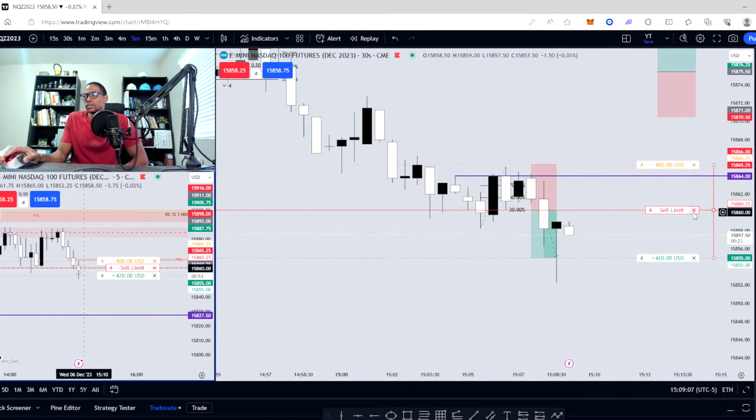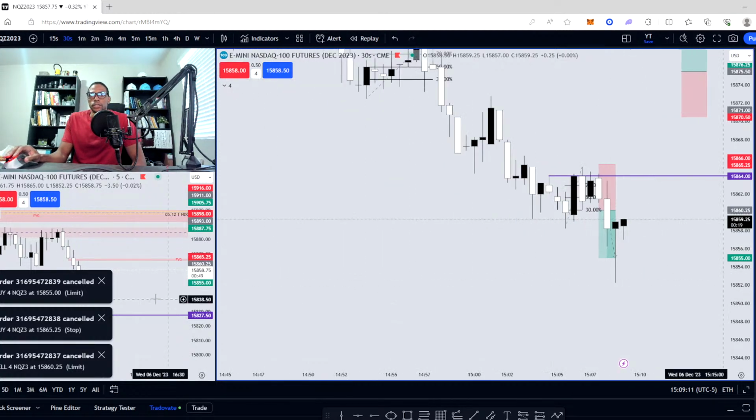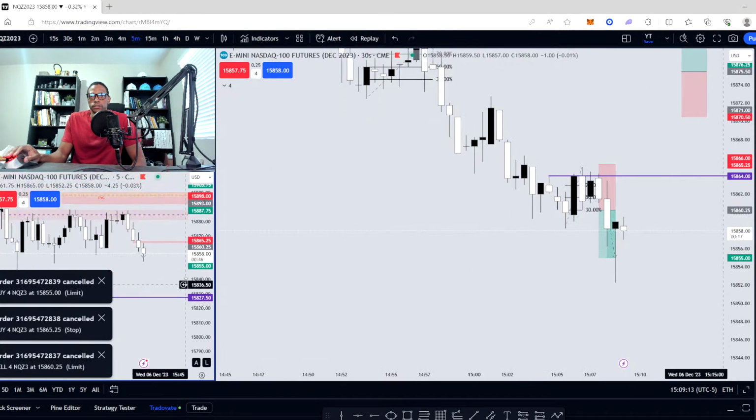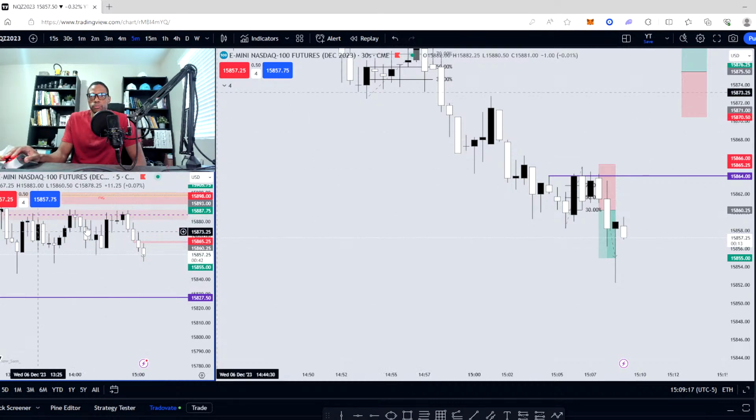All right, let's actually cancel that order, only because I don't want to enter another trade in this zone right here. It made a low, but it's all the same area.